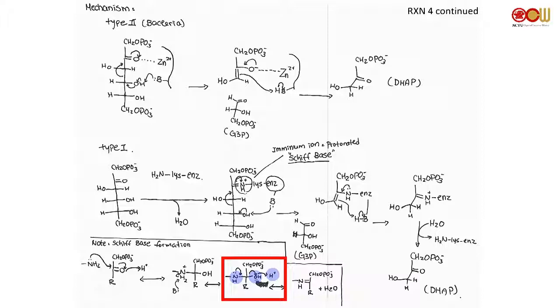Obviously one of the protons will leave as this one comes back down, and then you form this general structure of a tetrahedral intermediate. Then the electrons from the oxygen come back and form a carbonyl, and the electrons of this entire group leave. So it's just the reverse of the Schiff base formation.